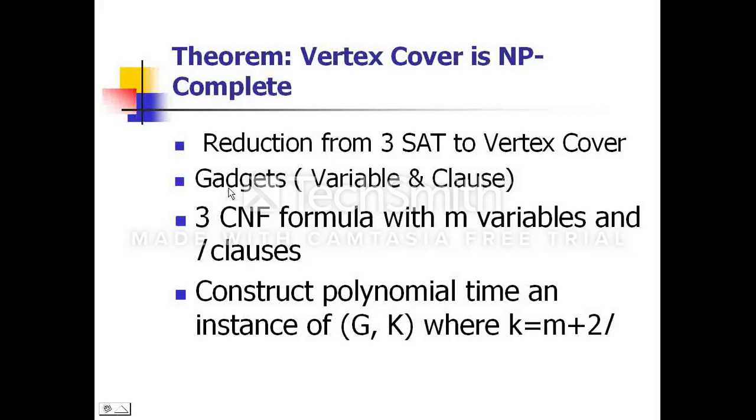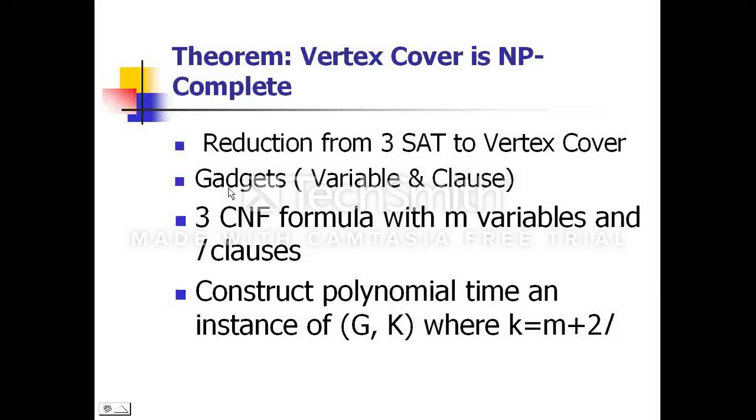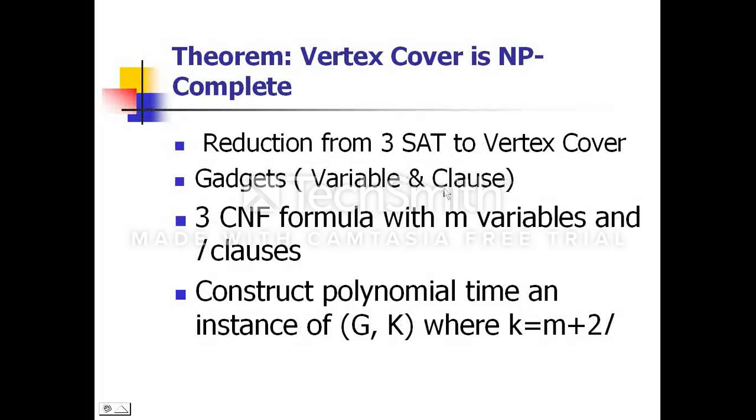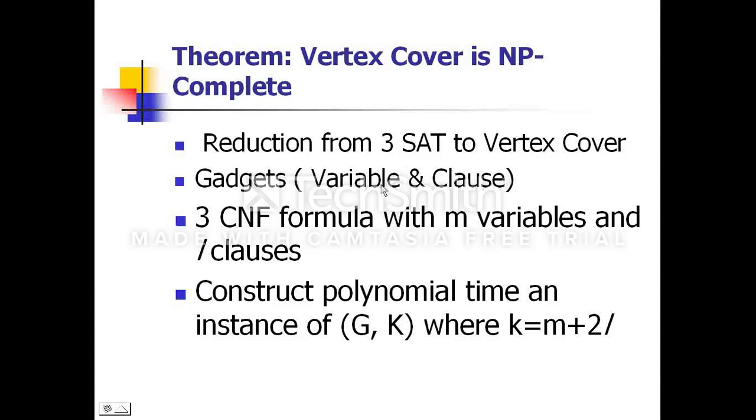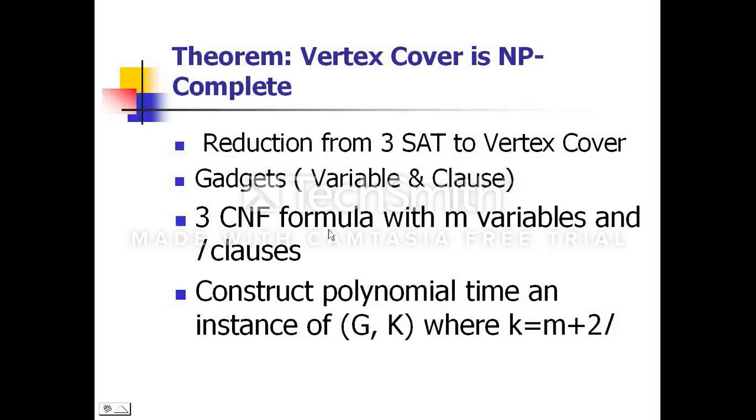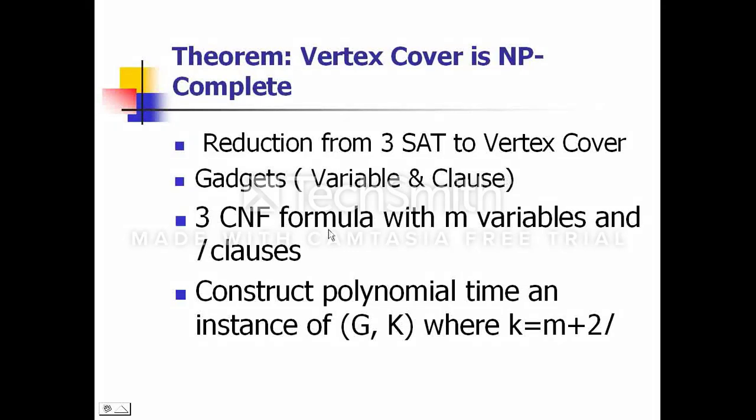Here we will be using the concept of gadgets. A gadget is nothing but a graph-like structure. We will be creating two types of gadgets, the variable gadget and the clause gadget. For this you should know the 3CNF formula, that is the conjunctive normal form. It is a Boolean formula with m variables and l number of clauses.